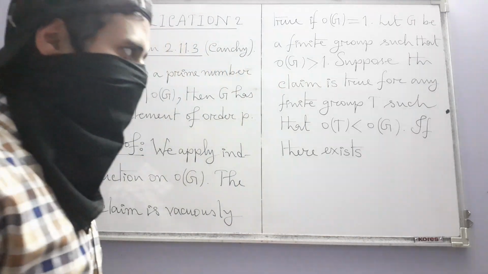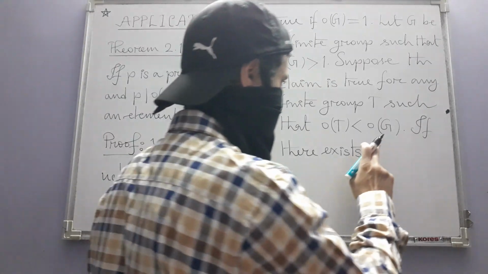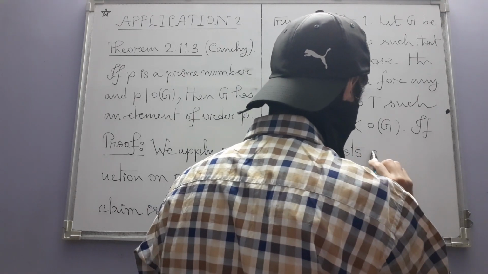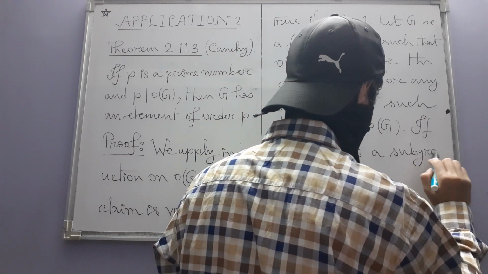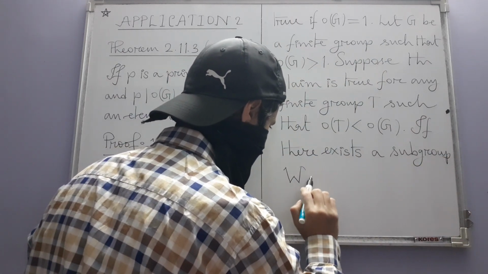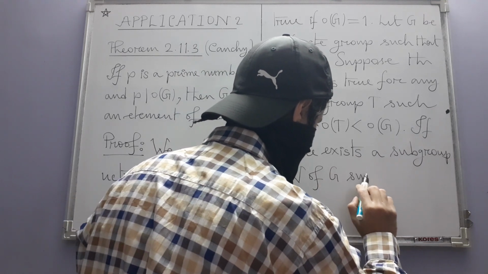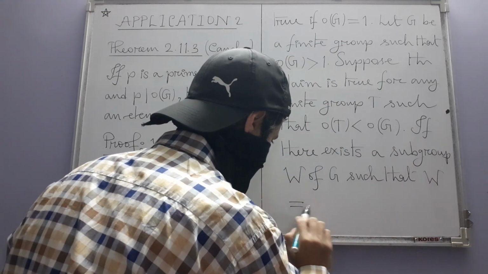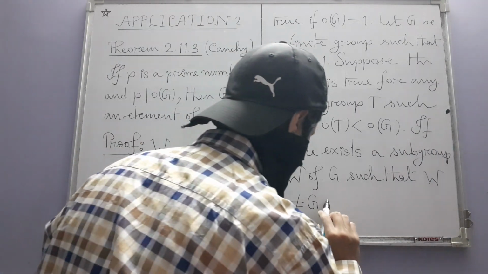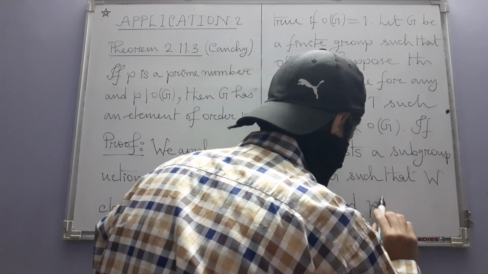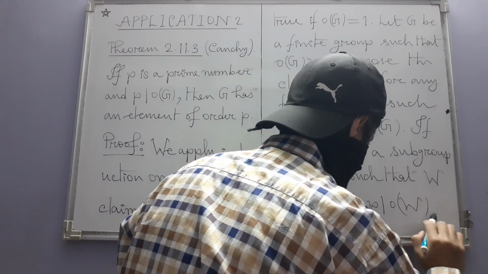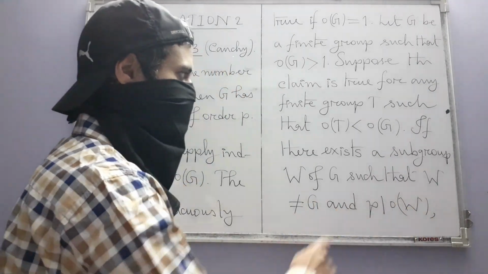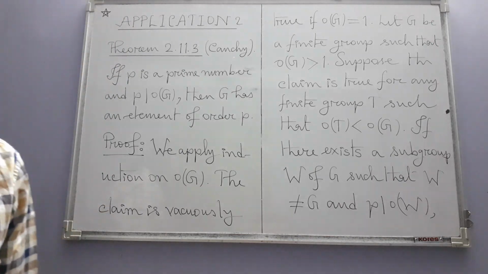So now we are going to consider some such condition involving P, but involving not the entire G, but a proper subgroup of G. Now if there exists a subgroup W of G such that W is different from G, that means W is a proper subgroup of G, and P divides the order of W, then we can apply the induction hypothesis on W, because its order, since it's a proper subgroup of G, would be less than the order of G. So on it, the induction hypothesis is applicable.